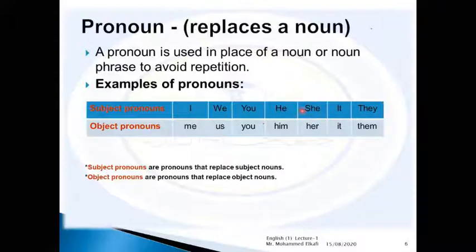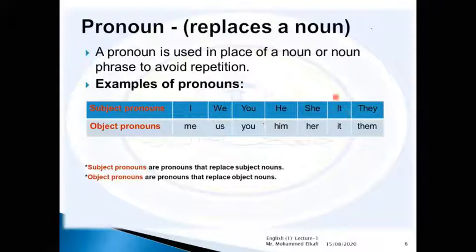She. Instead of a girl or a woman, or the name of such kind of person, we use she to replace Muna or Sarah or girl or woman generally.